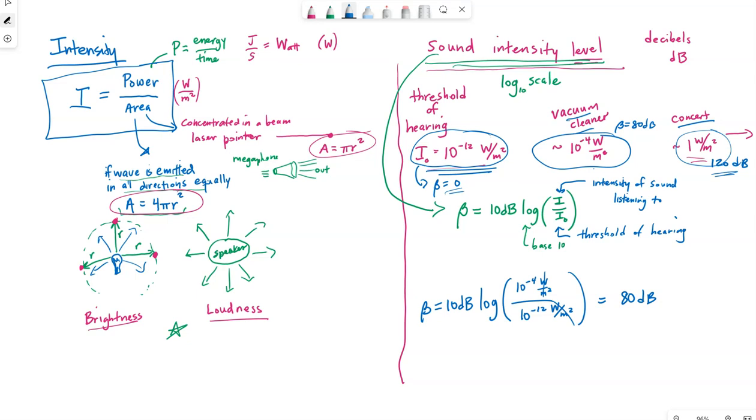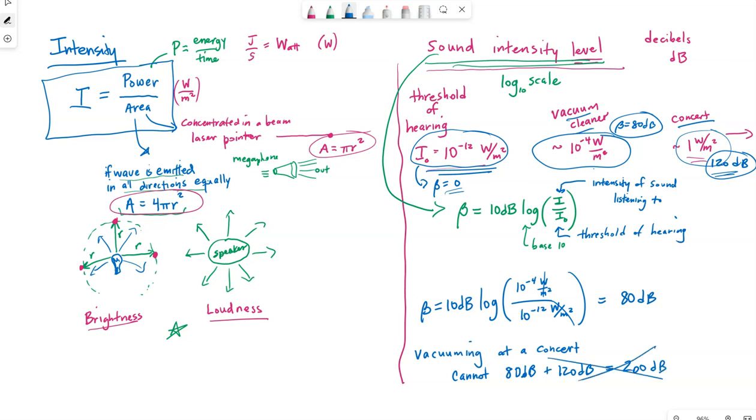Let's say I was vacuuming at a concert. Okay, this is really silly, but because these values are on my screen already is why I'm mentioning that. If I wanted to know the intensity level of vacuuming at this concert, I cannot add the 80 decibels for the vacuum to the 120 decibels for the concert.